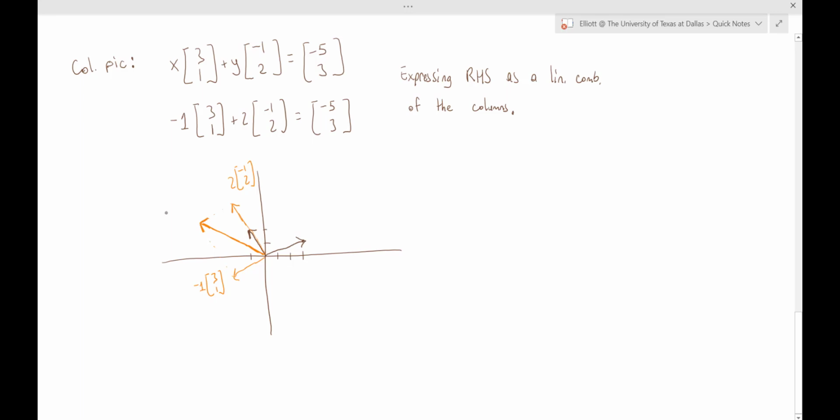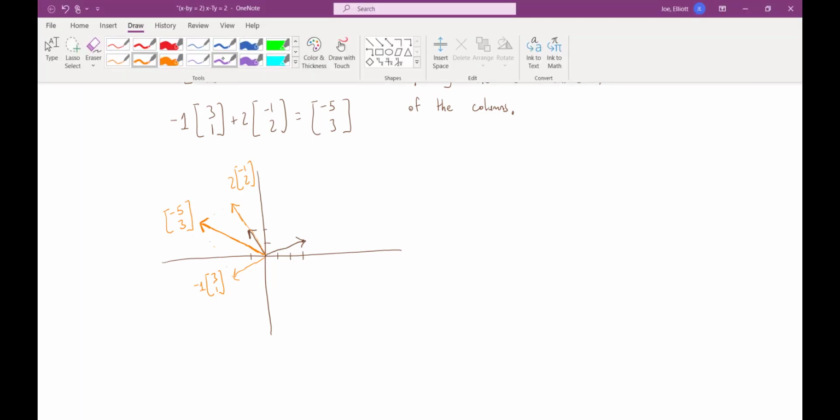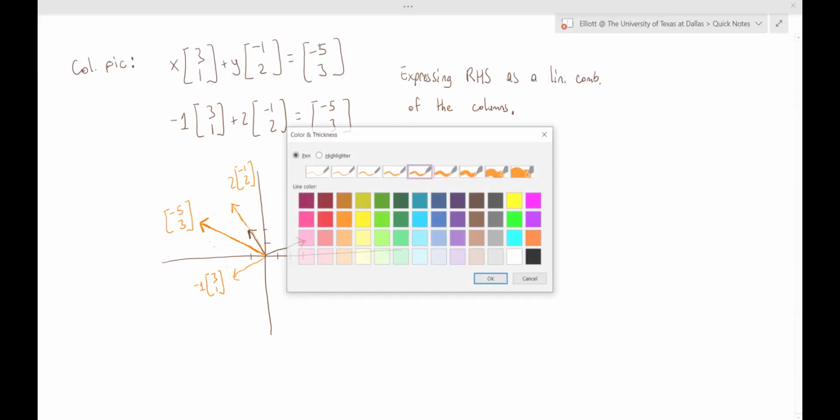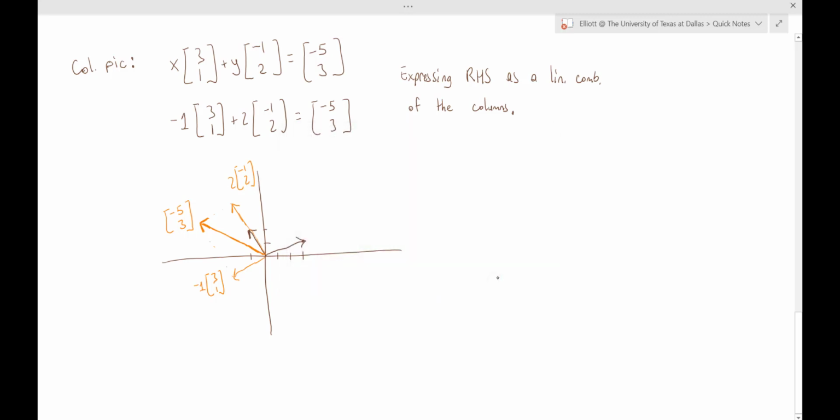And if your picture is pretty good, you should see that this vector is roughly at negative 5, 3. So 3 is roughly up here, and then maybe 2, 3, 4, 5. Yep, so you can kind of see it's about negative 5, 3 in the picture. All right. So that is the column picture.